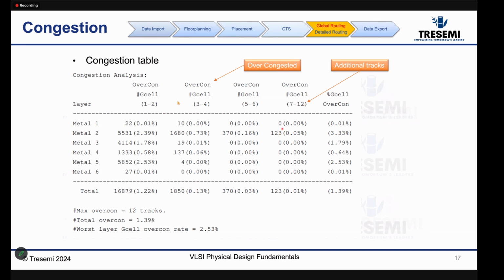That means something. I mean, this number is not too big. It's about 100, so it could be some local area that we need to look at. But if you look at all of these layers, M2 kind of stands out, right? It's very bad compared to the other layers.